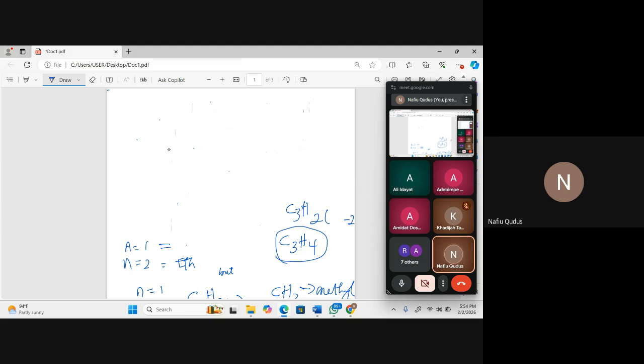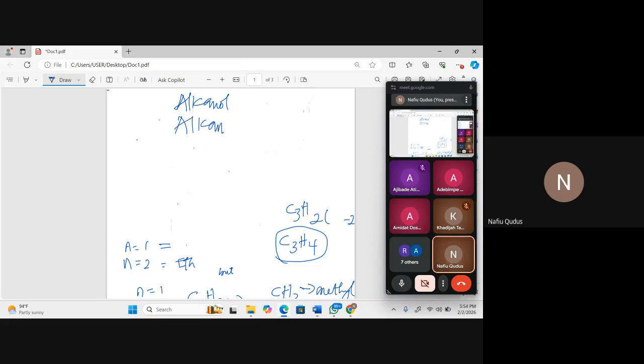Another functional group that we have in organic compounds, as we said when we were doing acid, base, and salt, is the so-called alkanol.